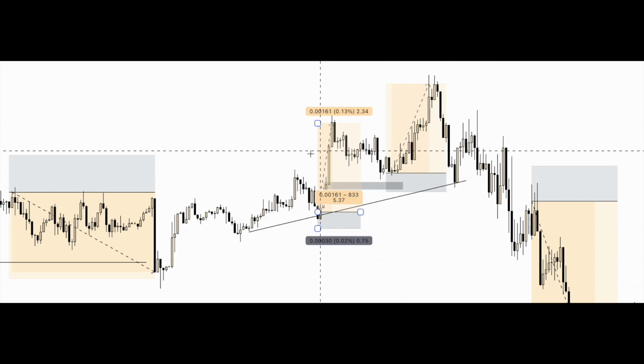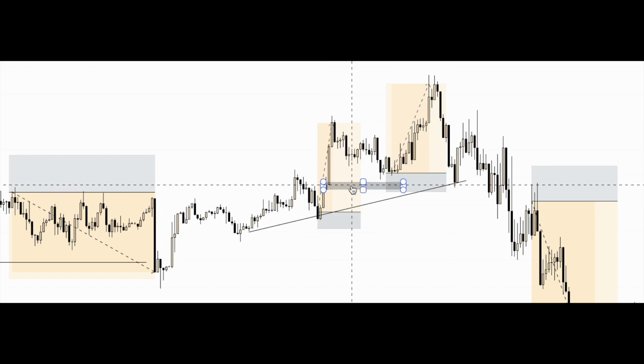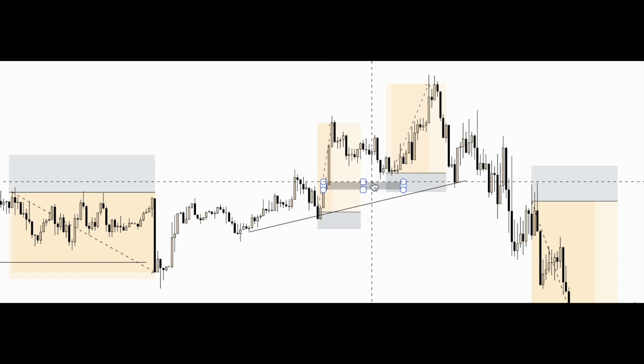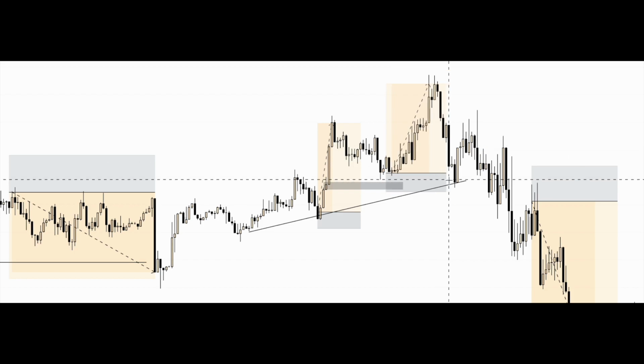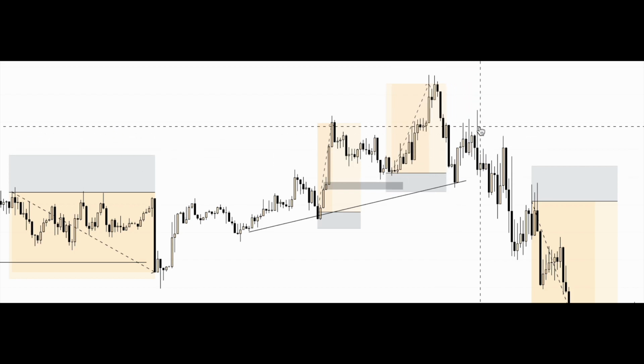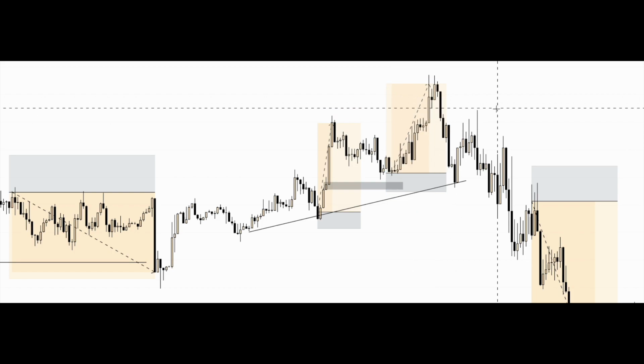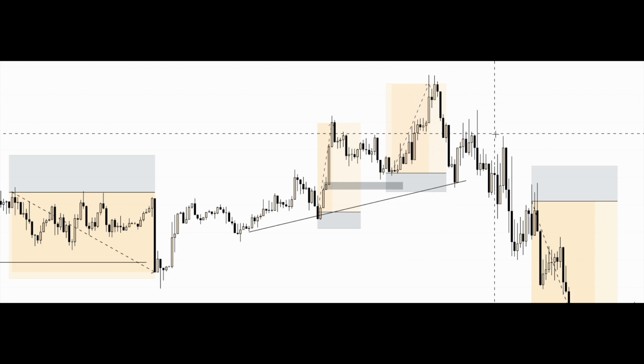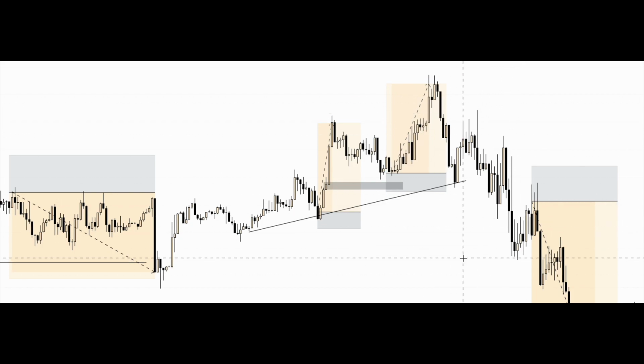Price left all this liquidity as sell side liquidity within sell stops just to come back, liquidate, retest, find a significant supply zone to liquidate and continue towards the lows.